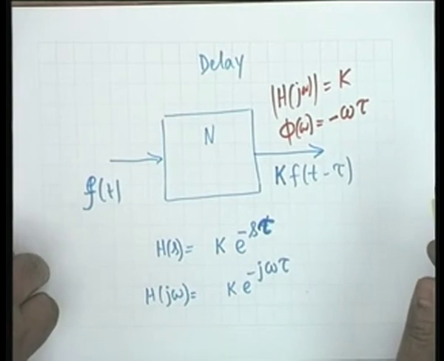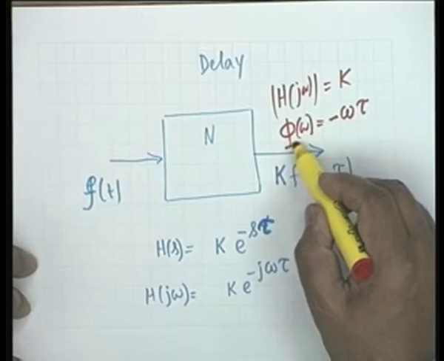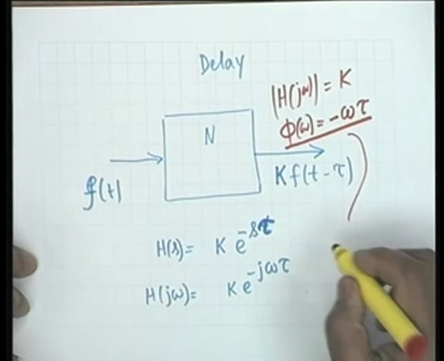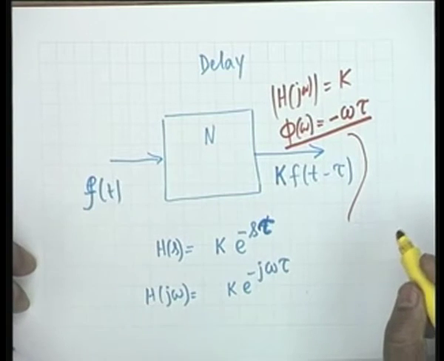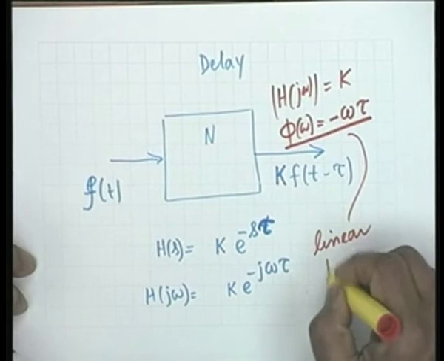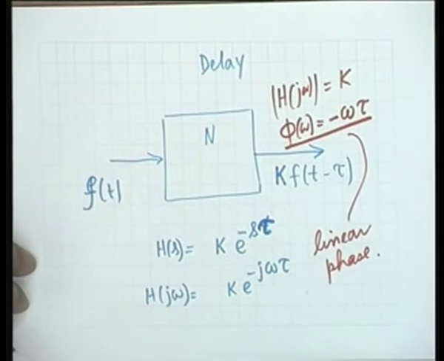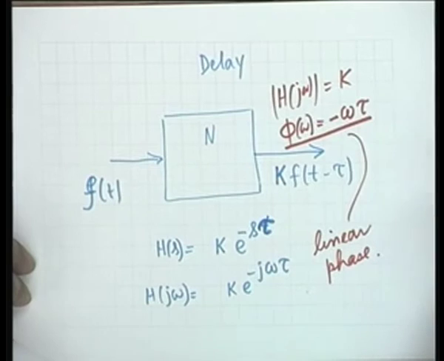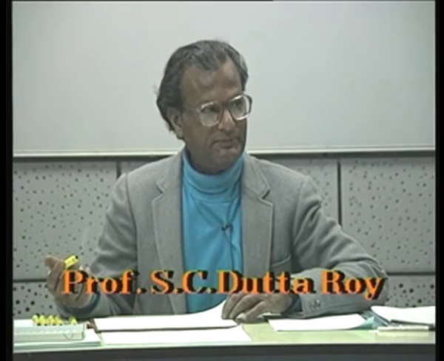Now, you notice that the phase under this condition is minus omega tau, and therefore phase is related linearly to frequency, and therefore this is a situation of a linear phase. I could have phi of omega equal to minus omega tau plus another constant, some r times pi, for example. Even then the phase is linear, it obeys a linear relationship with the frequency.